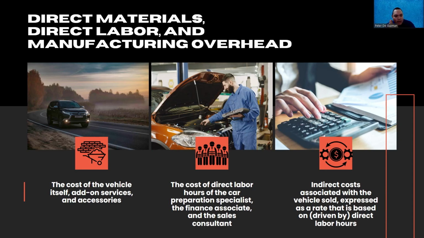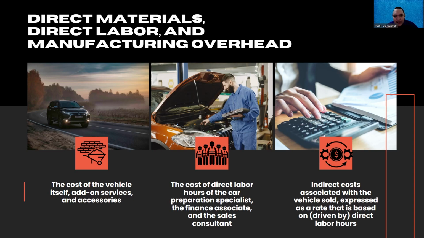Next, we have the cost of direct labor hours of the car preparation specialist, the finance associate, and the sales consultant as the direct labor cost. Remember, in the introduction to this presentation, I already talked about the three key employees. And once again, we find them here as cost items in terms of direct labor hours.